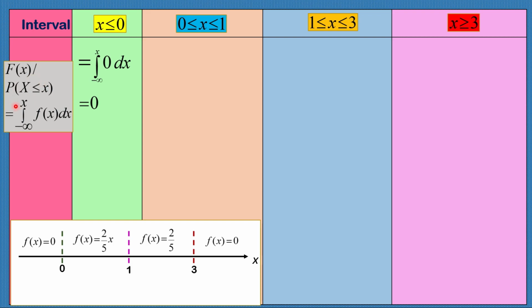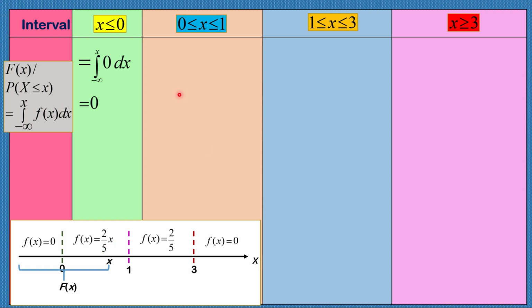The cumulative distribution function F(x) in interval 0 to 1 can be found by integrating from negative infinity to x of the probability density function, and x can be somewhere in interval 0 to 1.